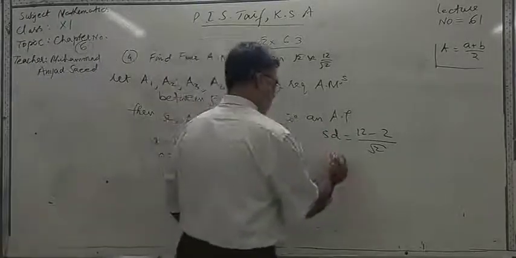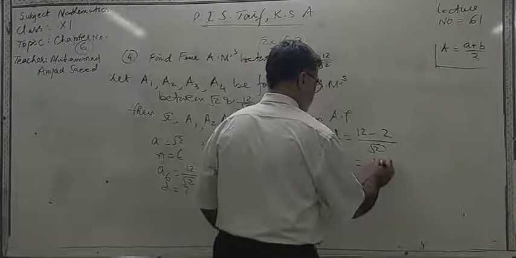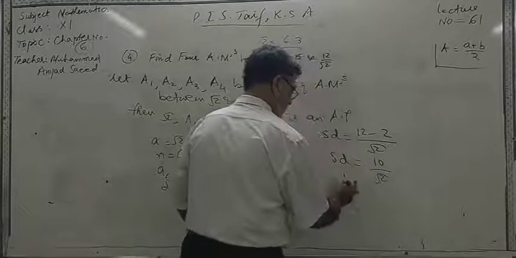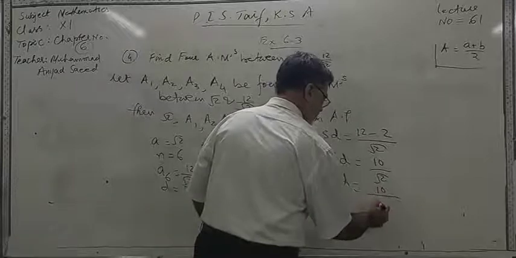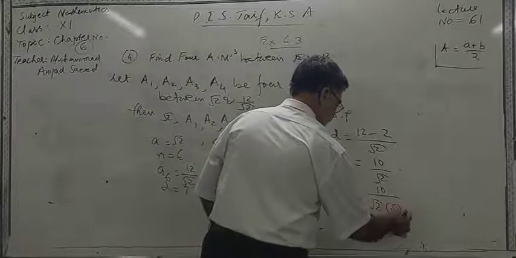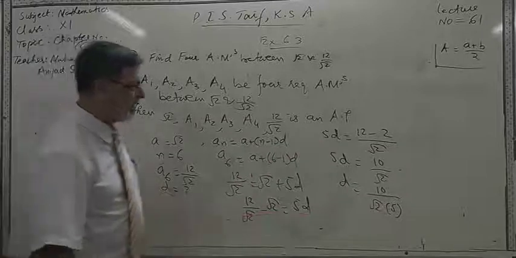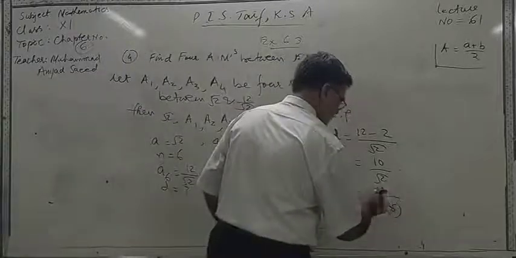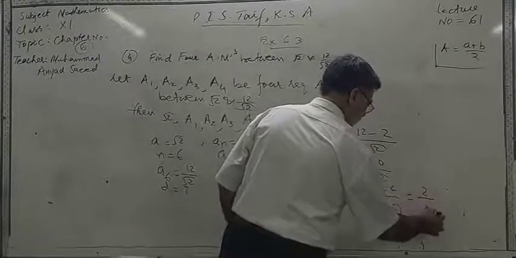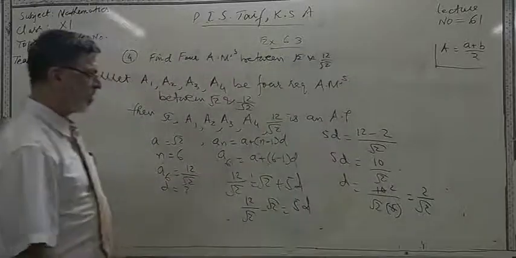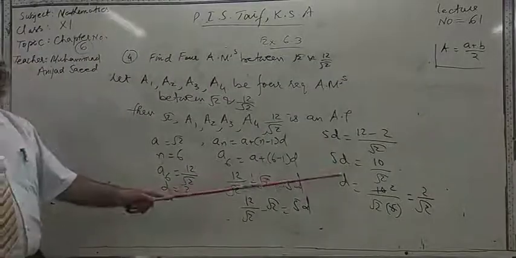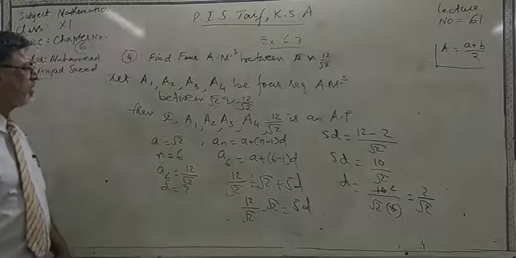It is 5D is equal to 10 over root 2, and D is equal to 10 over root 2 divided by 5. The 5 was multiplied here, on the other side it is divided and it can cancel. This will be 2 over root 2. Dear students, D is 2 over root 2.